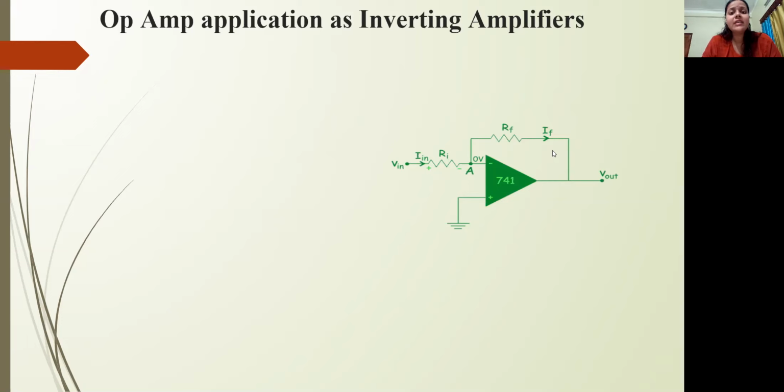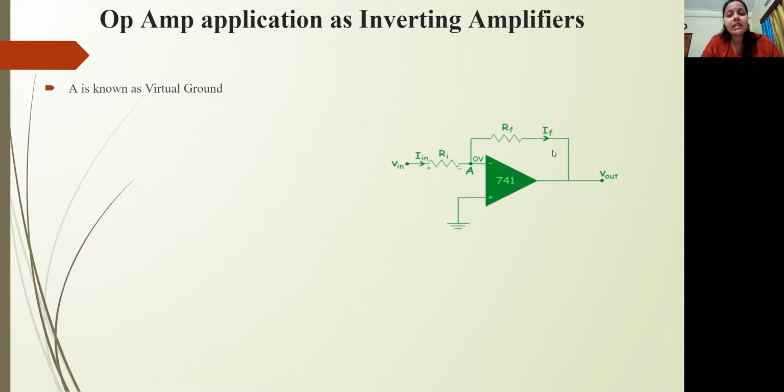Now, why is it known as inverting? What this term inverting signifies, we will know here. Here this point A is known as virtual ground. We consider that this point is at 0 voltage potential. Now, why is it virtual ground? In a practical ground, the voltage is 0 and the current is 0.